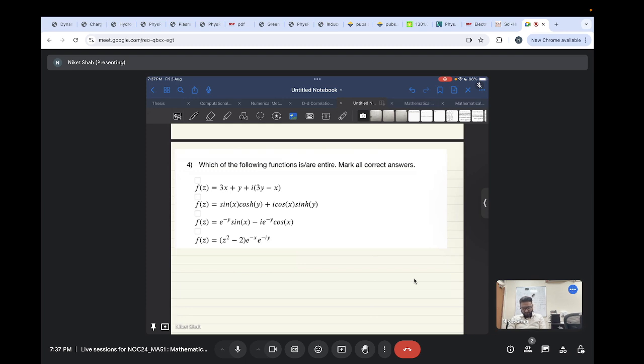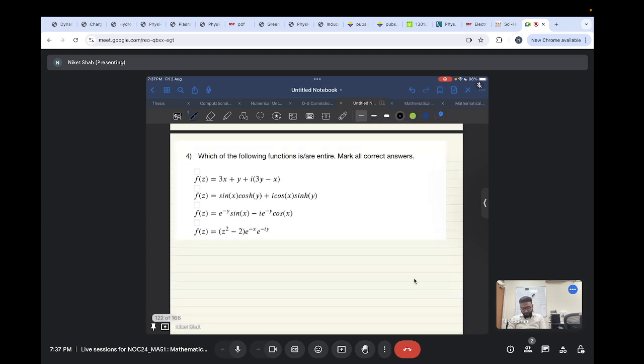Let's start with the first one. So this is the function 3x plus y plus i into 3y minus x. To check whether it's entire or not, obviously I'll try to evaluate the Cauchy-Riemann conditions, the CR conditions.